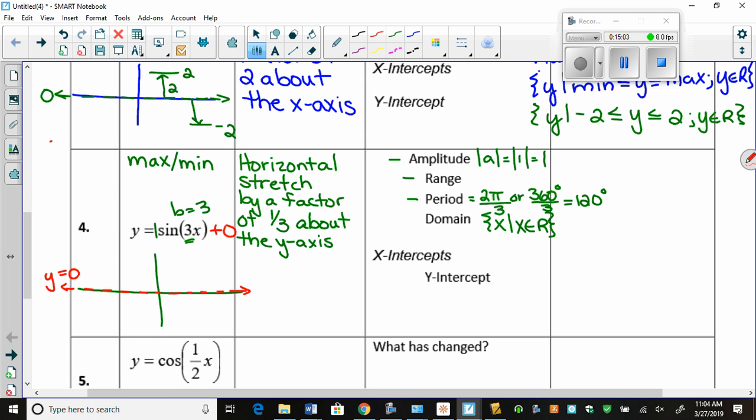And what's my amplitude up and amplitude down? 1. So I go up 1, so I max out at 1. And then I go down 1 from 0, and I min out at -1. So my range is y such that -1 is less than or equal to y is less than or equal to 1, y ∈ R.